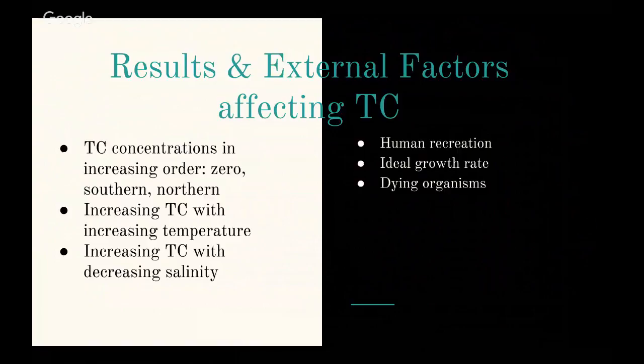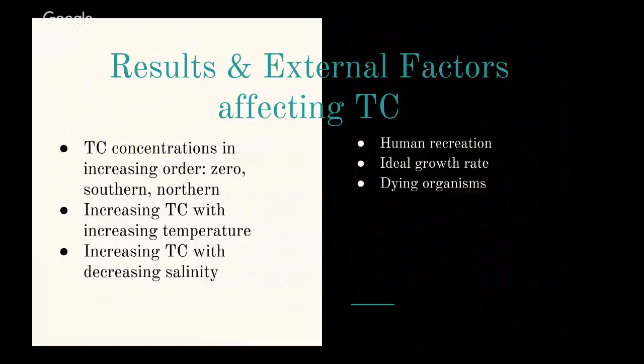The ideal temperature is from 30 to 37 degrees Celsius. So within that range, the coliform really thrives. But our range of temperature values only goes from 10 to 25 degrees Celsius, which is why going up toward 30 to 37, increasing in our data sample, causes an increase in TC.